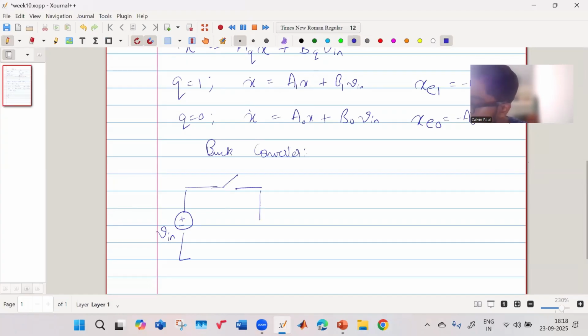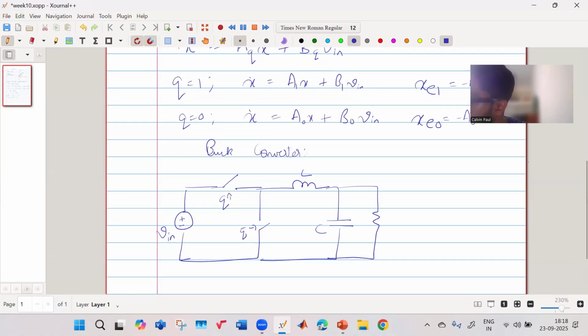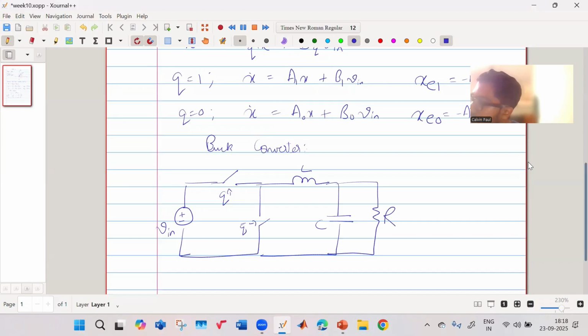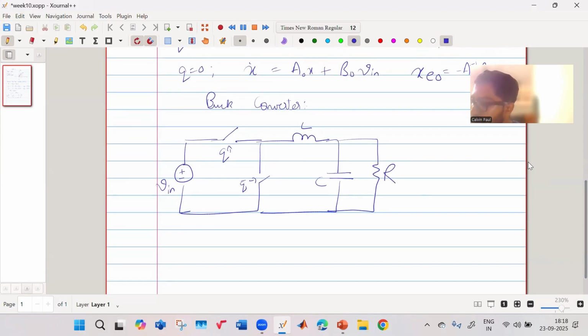You have this switch Q here, Q bar here. Then you have your L, your C, and your R. In this week, we are neglecting the parasitics because we just want to get an understanding of how the behavior looks. Later on with parasitics, the behavior will be altered slightly. But for this week, to simplify it, we are ignoring it.